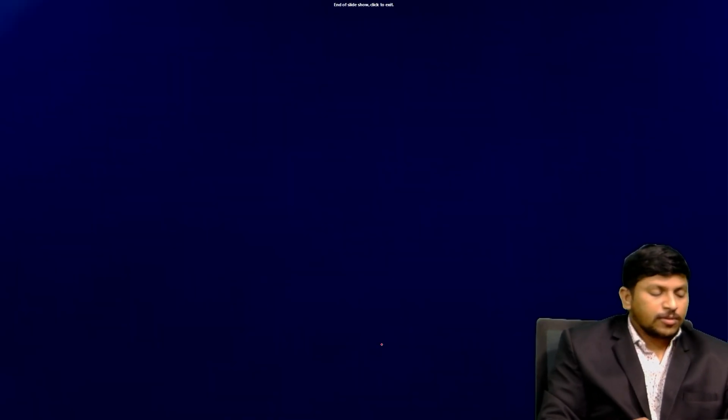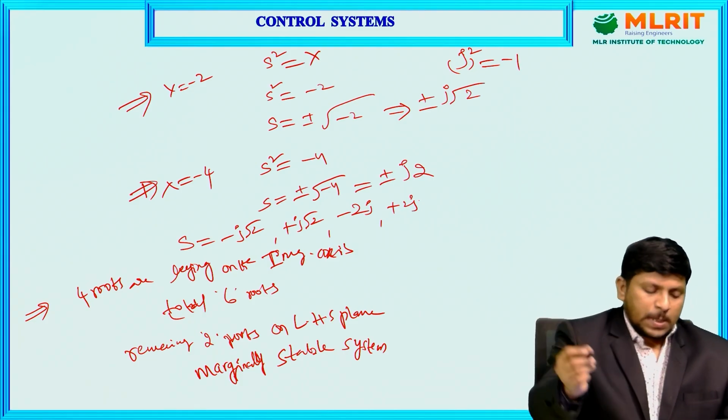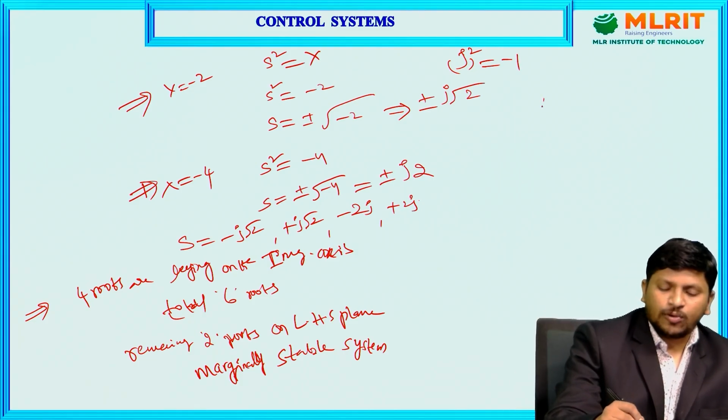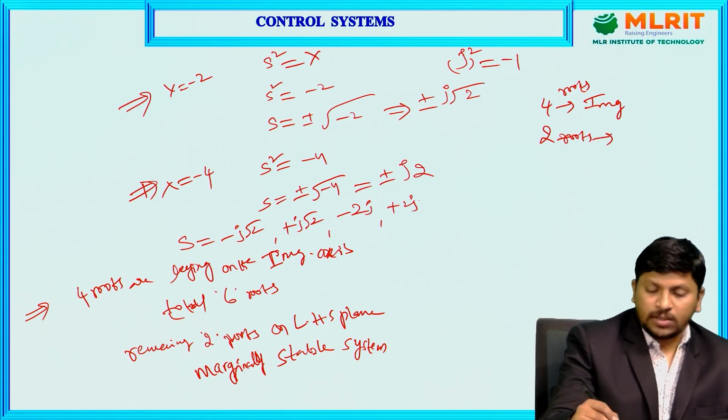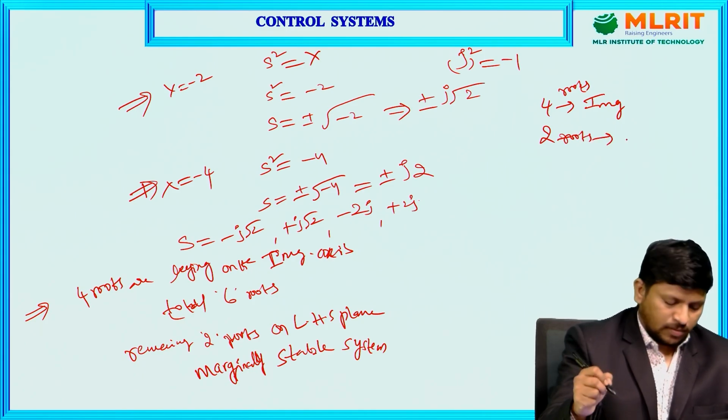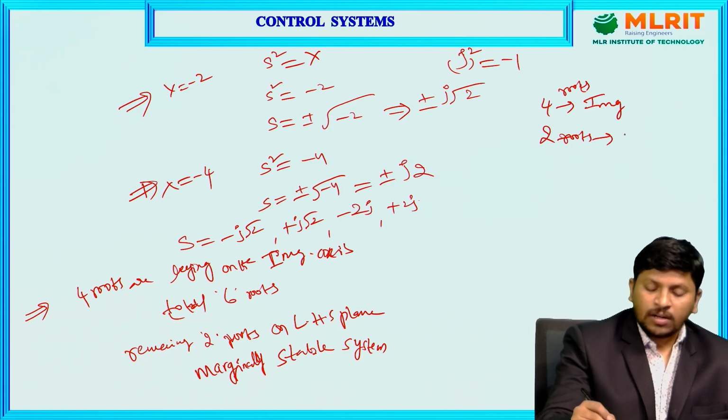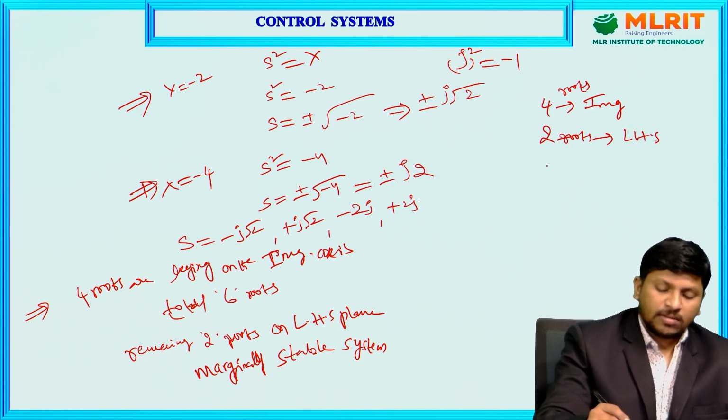So observe here: first, a total of 4 roots are on the imaginary axis, and 2 roots are on the left half of the s plane.